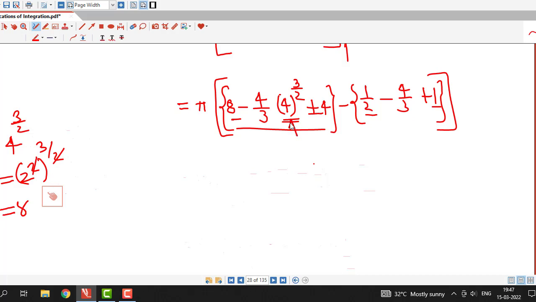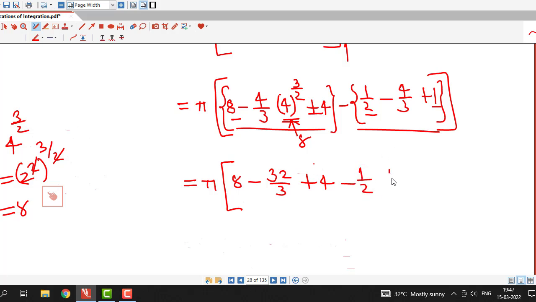So this quantity is 8, and 8 into 4, that is 32 by 3. So we can rewrite this as 8 minus 32 by 3 plus 4, and we can take the negative sign inside the bracket, and we have minus 1 by 2 plus 4 by 3 minus 1.